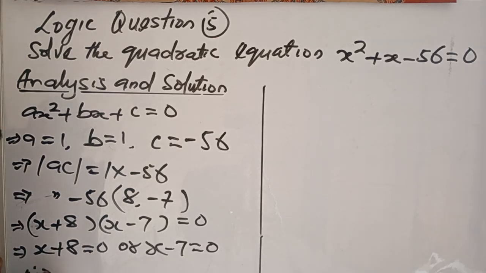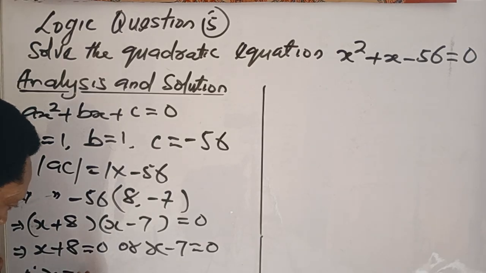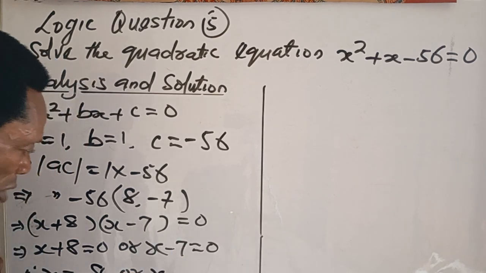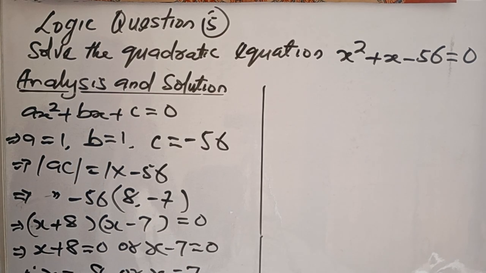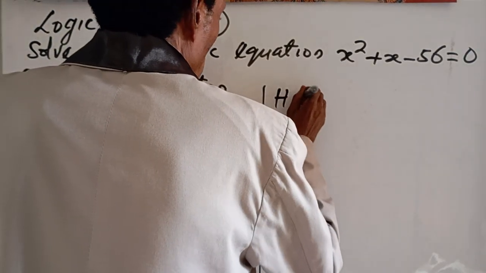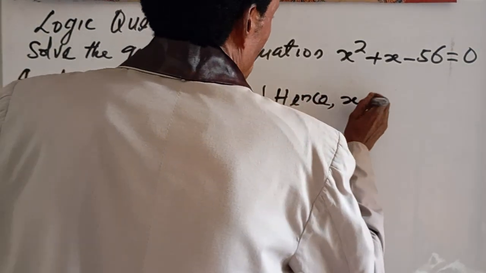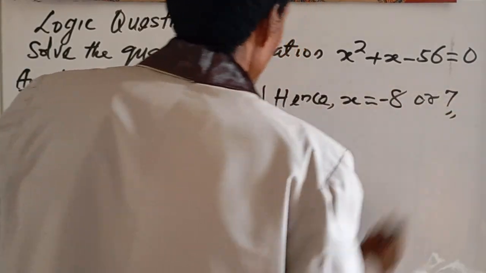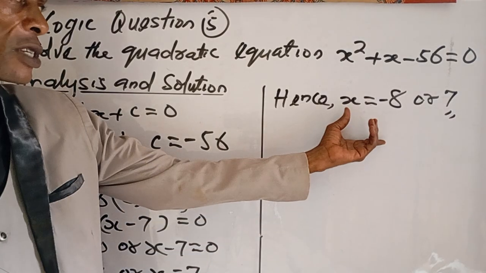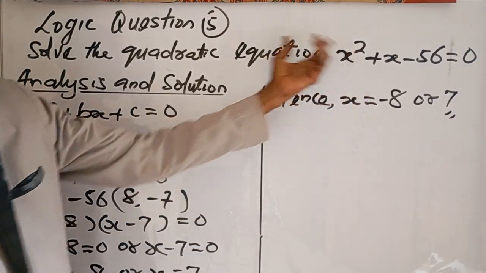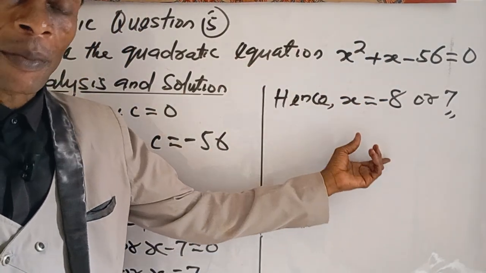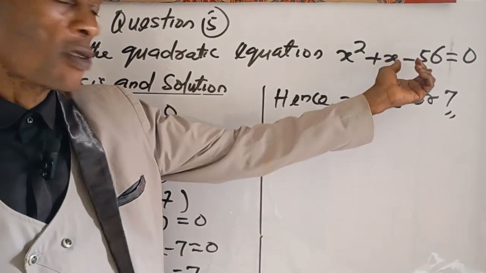So x equals negative 8, or x equals 7. This becomes the solution or the root of this quadratic equation, because the solution or answer of a quadratic problem is called a root.